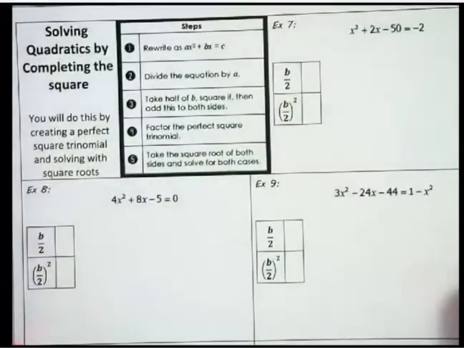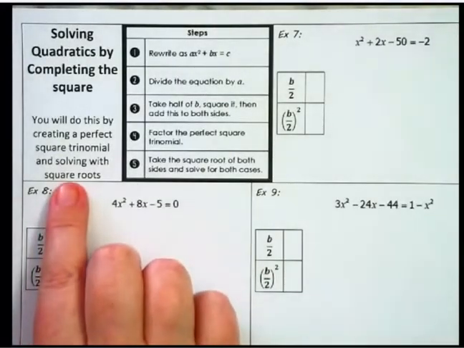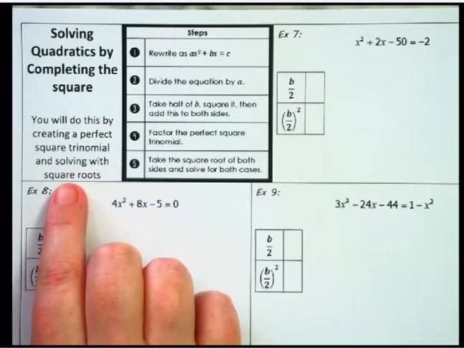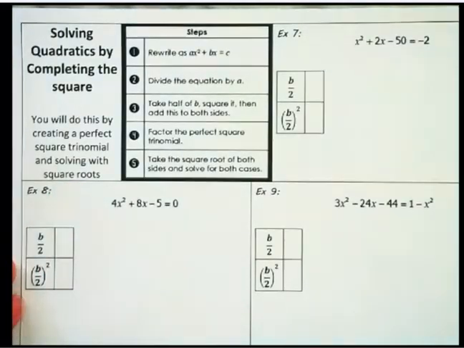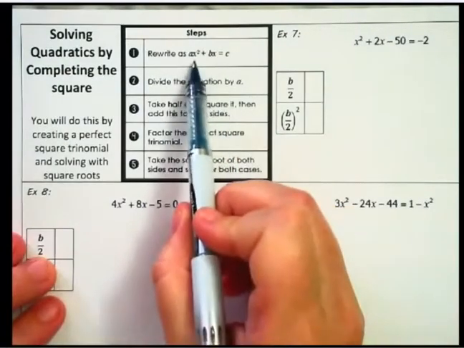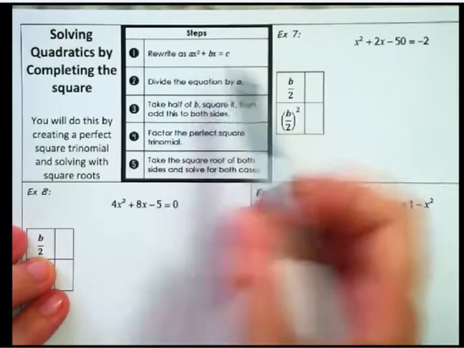When you complete the square, you are creating a perfect square trinomial, and you're solving it using square roots. So let's go ahead and do this together. For example 7, the first step is to rewrite it as ax squared plus bx equals c.